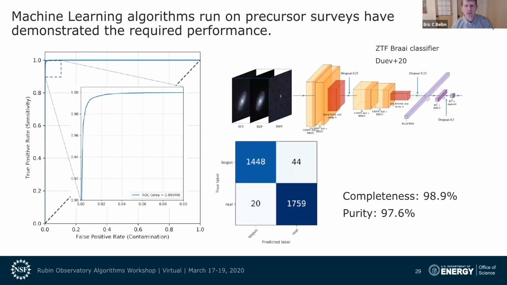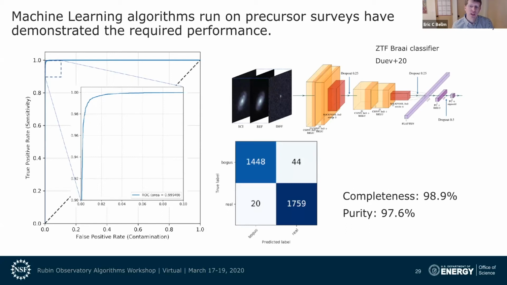We expect and will need to provide machine learning scores so users can apply their own completeness-purity trade-off by adjusting that threshold. And this slide is just to emphasize that the state of the art today for machine learning classifiers is quite good. This is one example using deep learning from ZTF, the Braai classifier by Dima Duev.